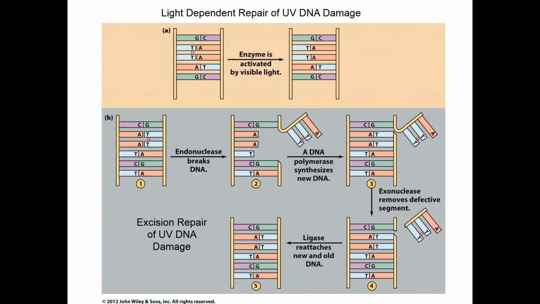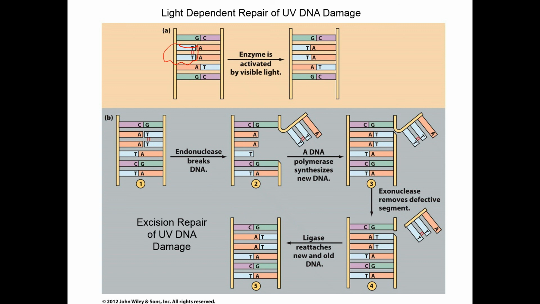All right, so in the presence of light, if you have, for instance, a thymine dimer, basically in this section of the DNA you have a nucleotide that's attached to an adjacent nucleotide in the same strand. Well, that's not normal. It's normal for two different anti-parallel strands of DNA within the same DNA molecule to be held together through hydrogen bonding, through complementary base pairing. But it's not normal for two nucleotides adjacent to one another in the same strand to be covalently linked by their bases.